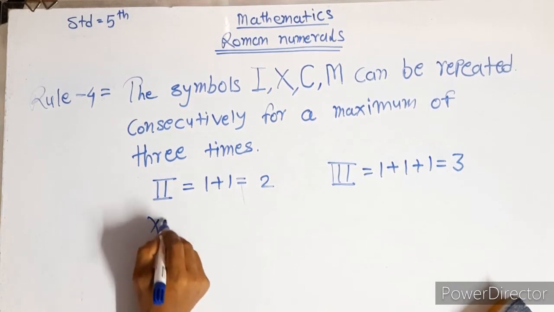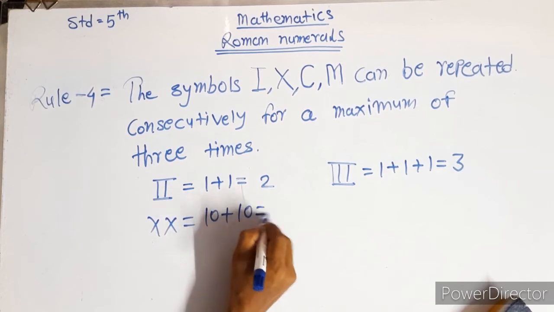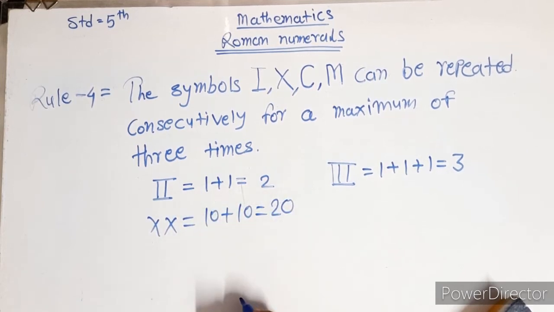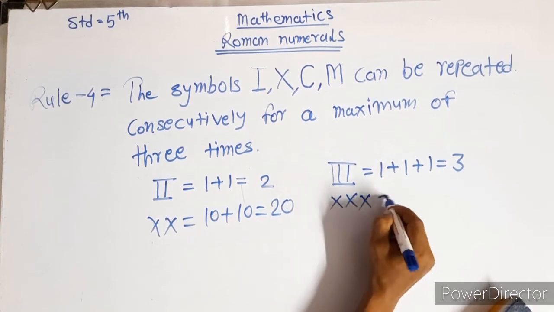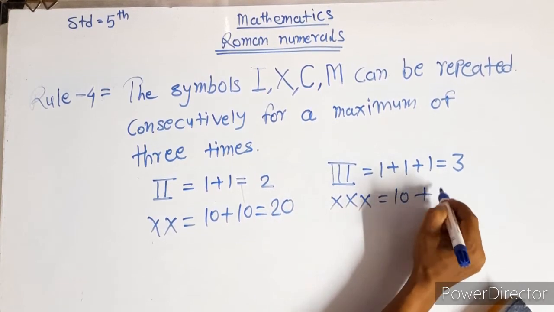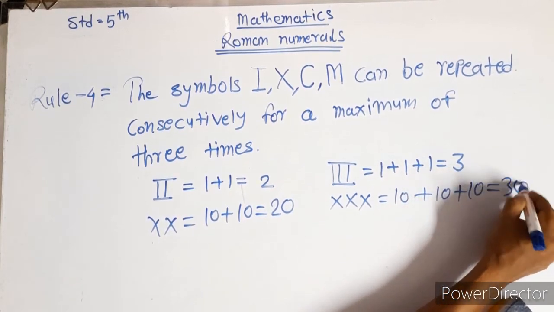Now X X is equal to 10 plus 10 is equal to 20. Now X X X means 10 plus 10 plus 10 is equal to 30.